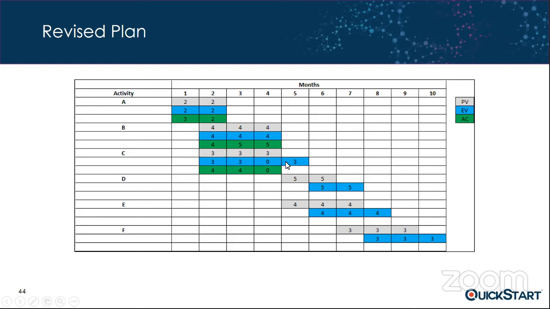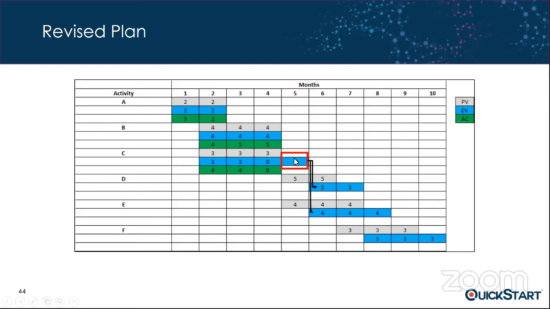You can see the 3 there. By pushing this work that was originally planned to get done in month 4 out, and our revised plan is now to do that in month 5, that has a cascading, downstream impact based upon the logic that was set up within our network diagram.